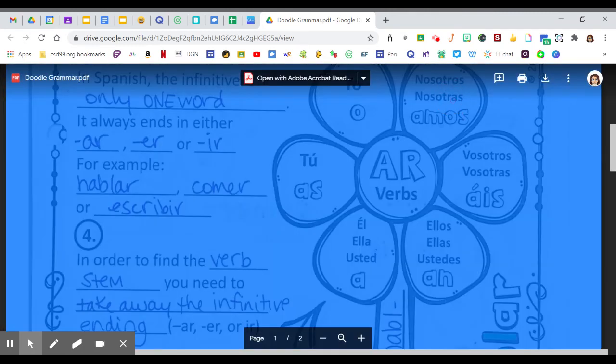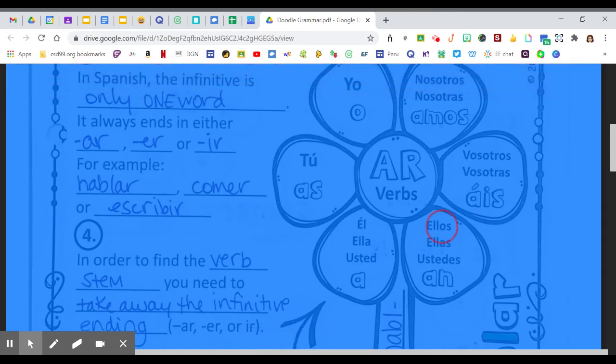Nosotros, nosotras, that's we. AMOS is your ending. Vosotros is you all in Spain only, and ÁIS is your ending. Ellos, ellas, ustedes: they, mixed or boys only. Ellas, they, girls, female-identified only. Ustedes, y'all, hablan.